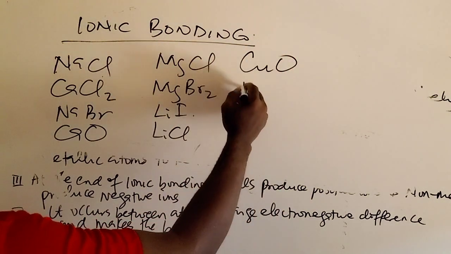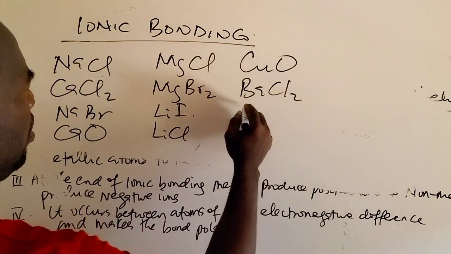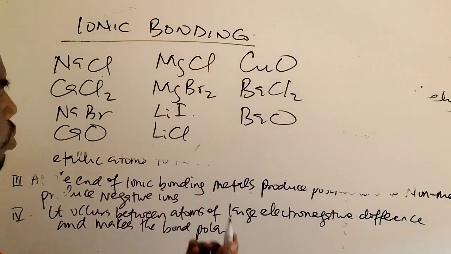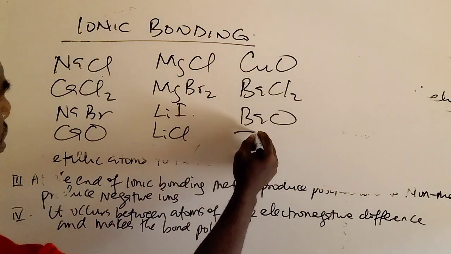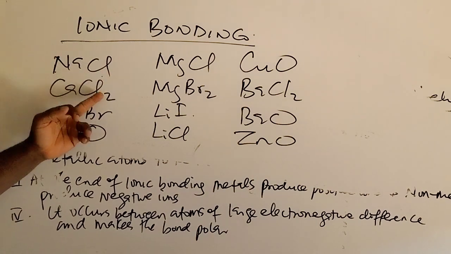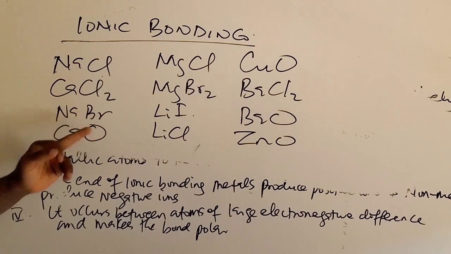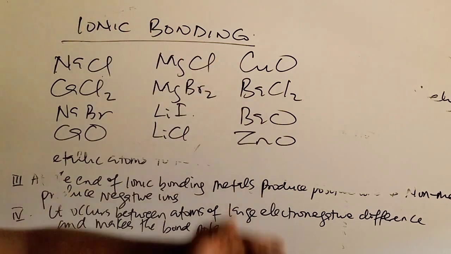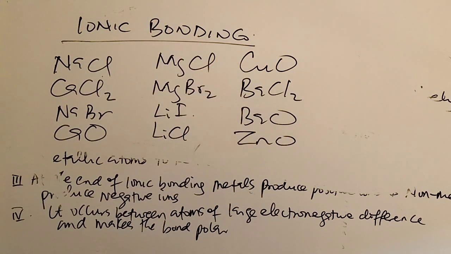You can continue naming as many as barium chloride, barium oxide, zinc oxide, and so on. If you look at them, you see that all these compounds contain a metal and a non-metal. So all these compounds contain ionic bonds inside of them.